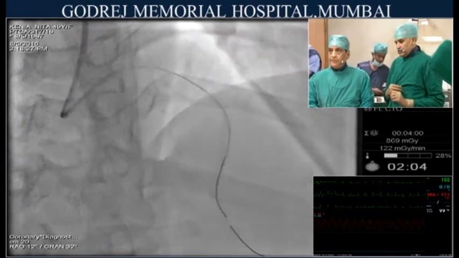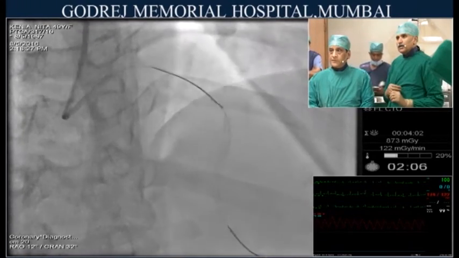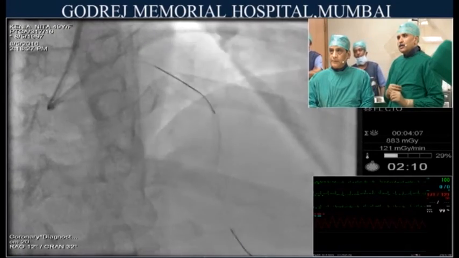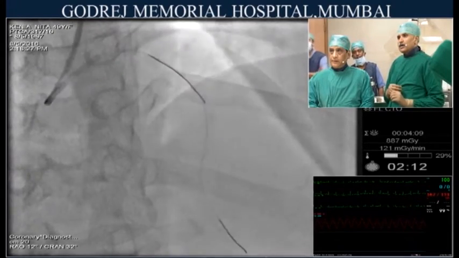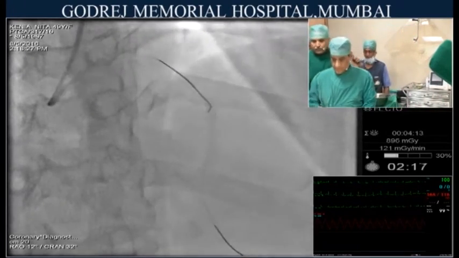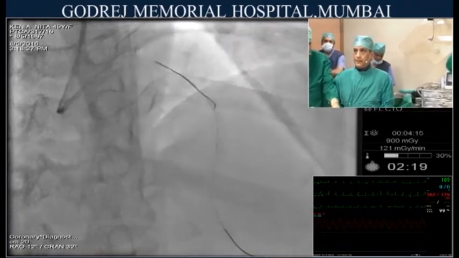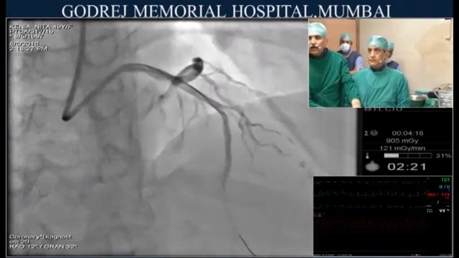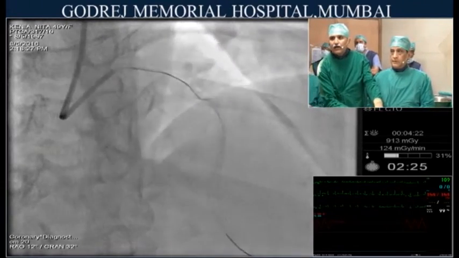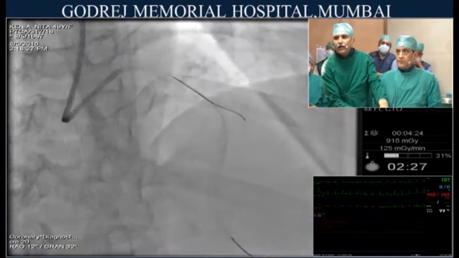Swap wires, and take the main vessel wire and cross the side branch. Why is she getting so much pain? Give a little dye. Maybe diagonal. No, diagonal was good. Almost there. It's okay. Higher up. Great.